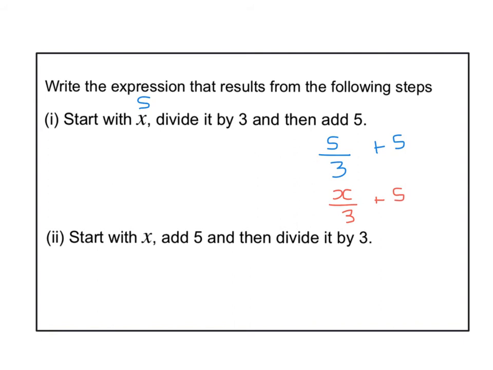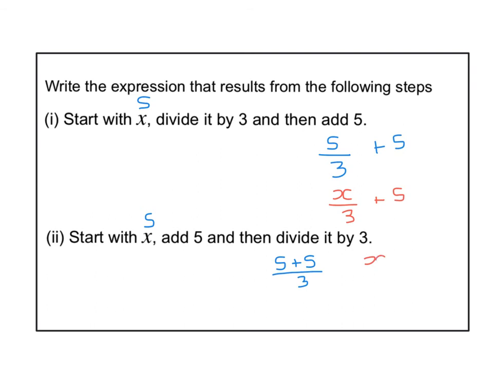Start with x, add 5, and then divide it by 3. So these are very similar questions, but it's all about the wording. So what would happen if I started with 5? Start with 5, add 5, and then divide by 3. So it's my answer there, divided by 3. But I didn't start with 5, I started with x. So let's pop that in.